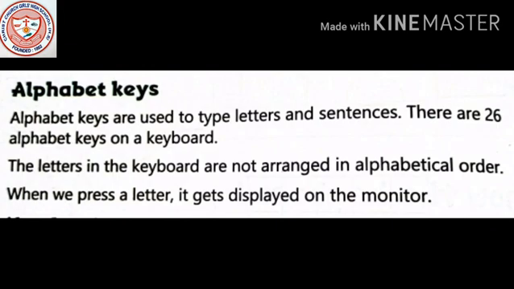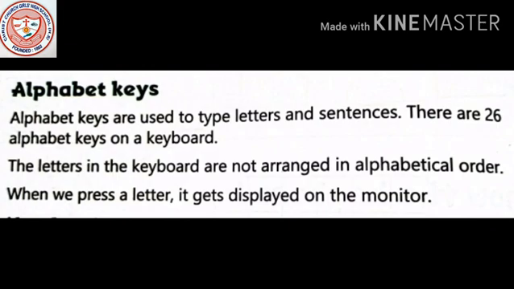Why are there 26 alphabet keys on a keyboard? Because in English there are 26 alphabets, right? So it will be 26 alphabet keys only. The letters on the keyboard are not arranged in alphabetical order.